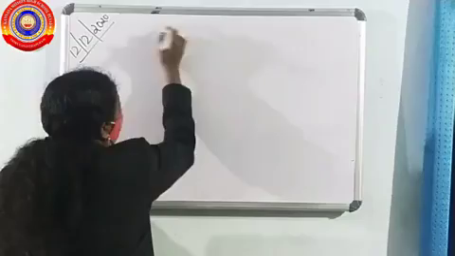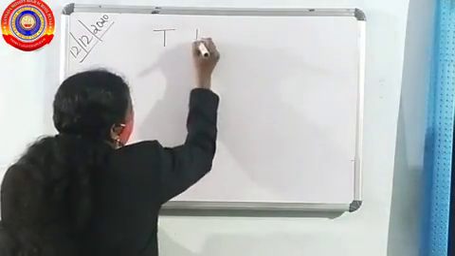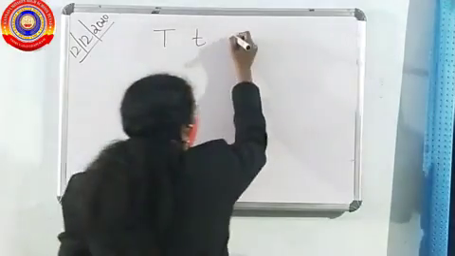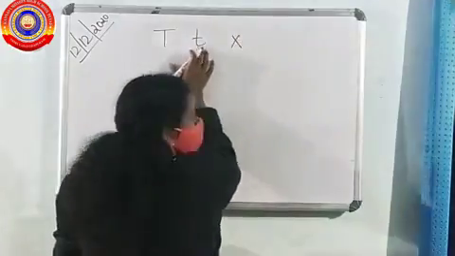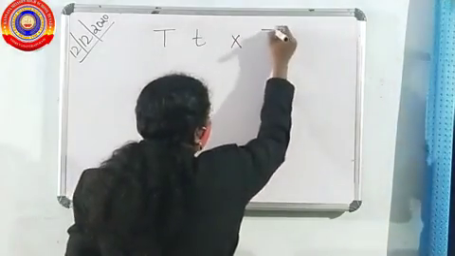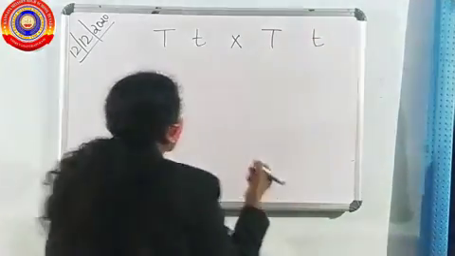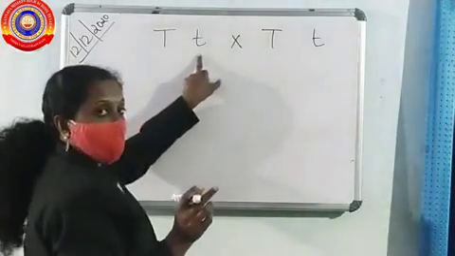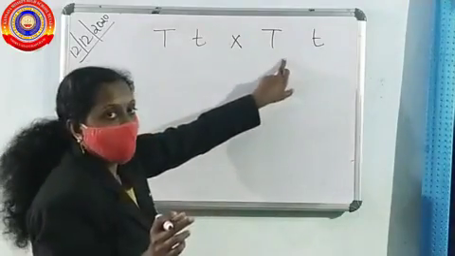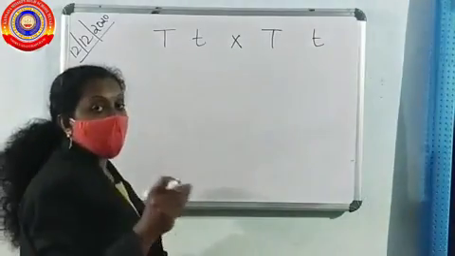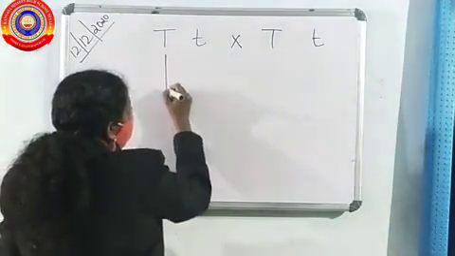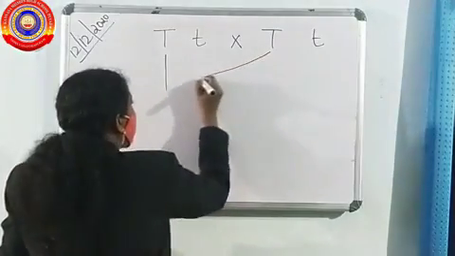Next step is self-pollination. The product from the F1 generation is self-pollinated. That means the same product we have to write once again. First step is the crossing method. That means capital T is self-pollinated with capital T and small t. Next, small t is self-pollinated with capital T, small t. Let's have a look.